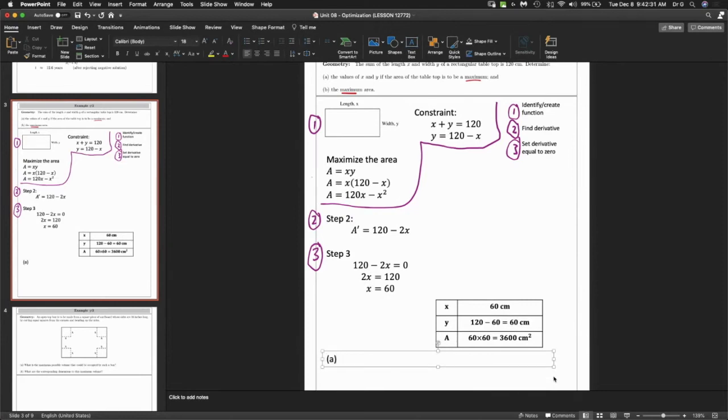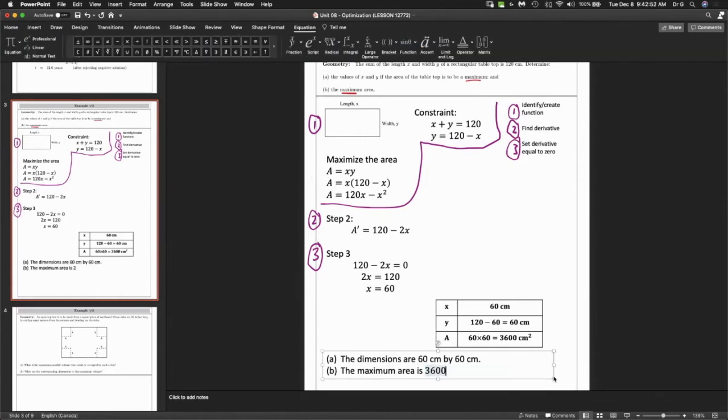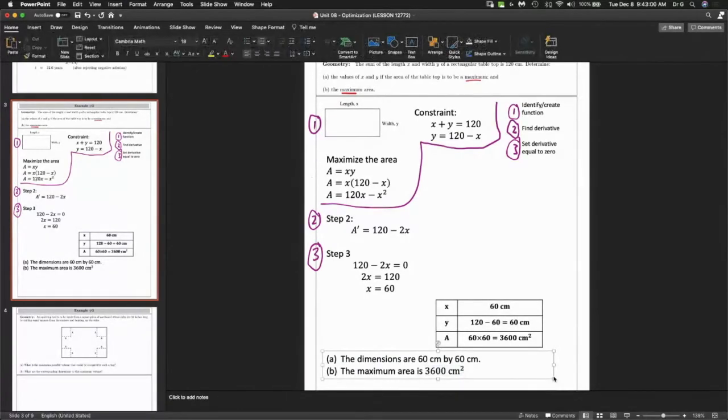So the answer to part A is that the dimensions are. I'm really sorry, my computer's lagging today for some reason. I've been holding off to do the software update until the semester ends because I don't want anything to screw up on my computer until I finish marking your final tests. So anyway, there's the answer to that question.